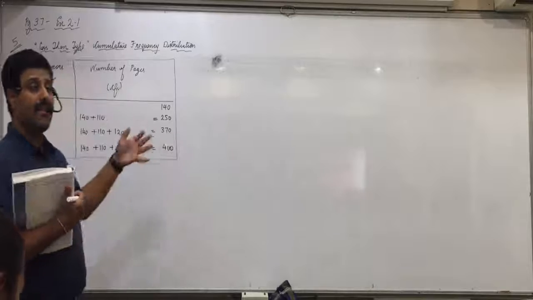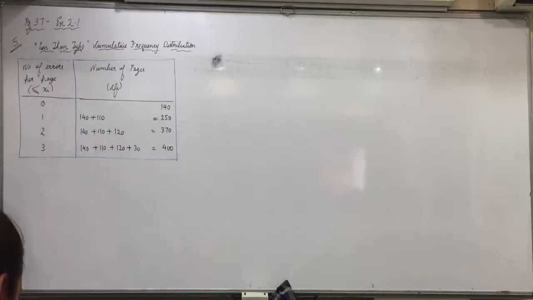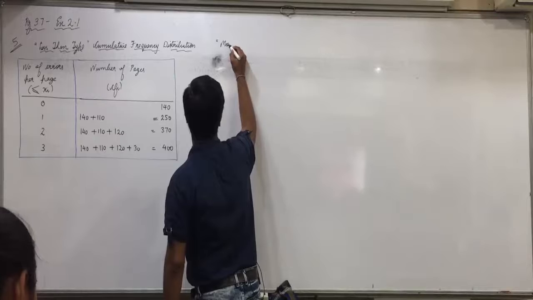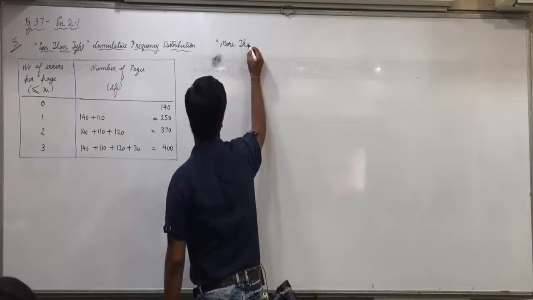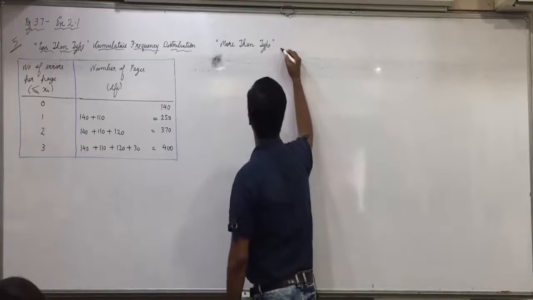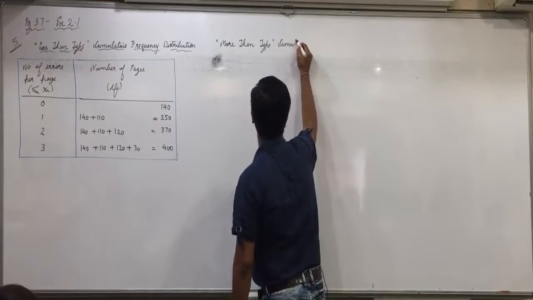Same way we will obtain more than, but that we have to add from bottom to top. So again, two columns. More than type cumulative frequency distribution.